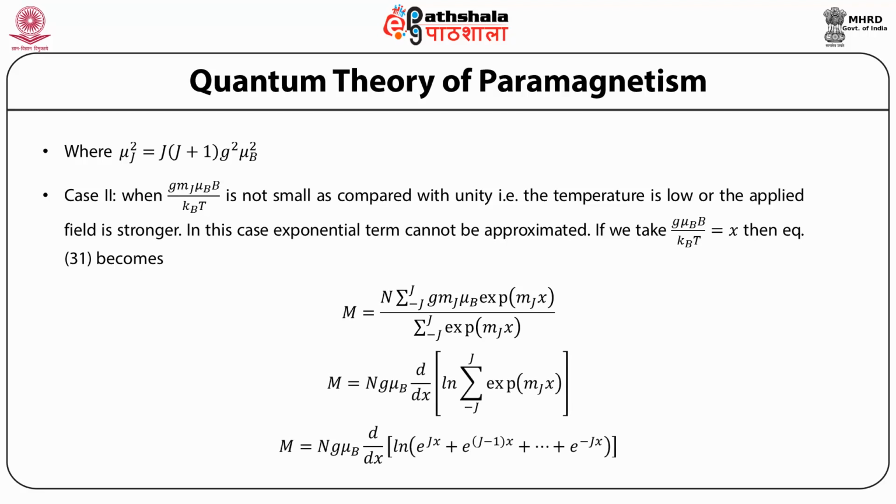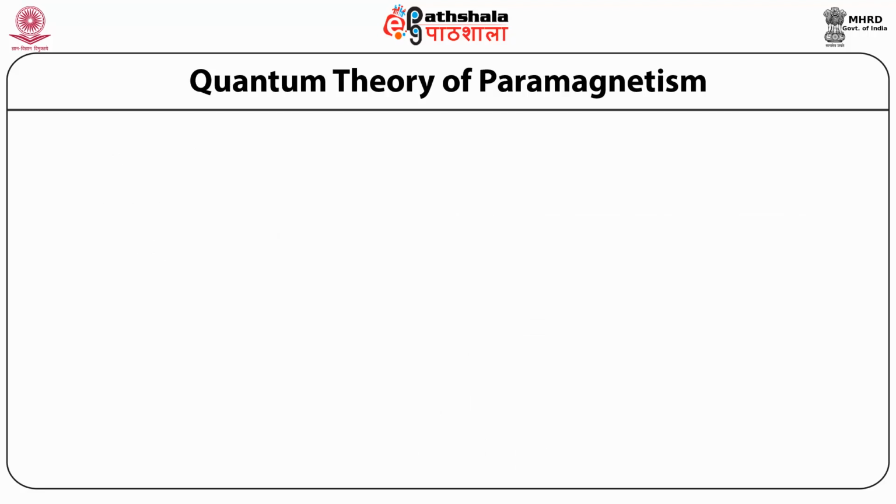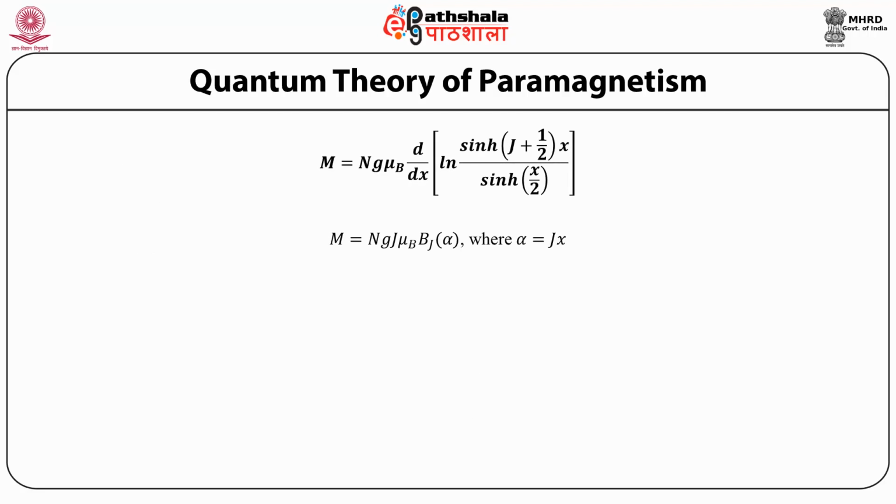So this M comes out to be g μB d/dx of log Σ from -J to J of exp(mJ x), and if we simplify this further, it comes out to be M = N g J μB BJ(α), where α is Jx.